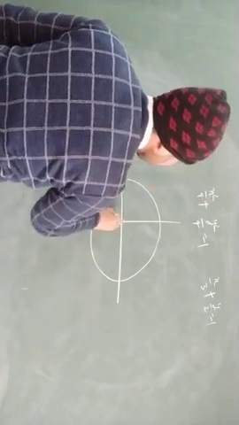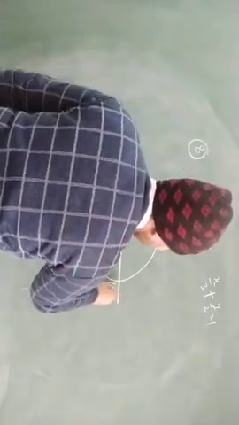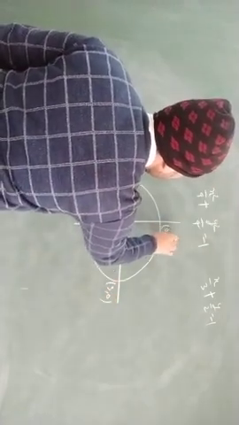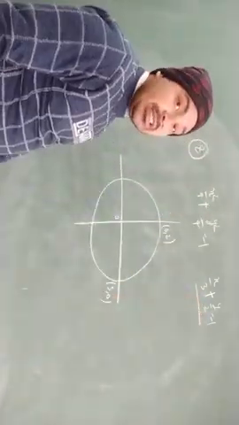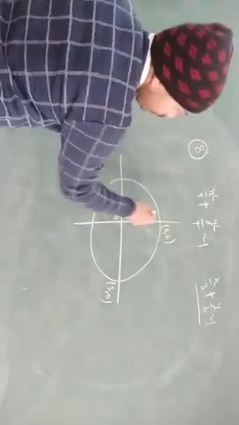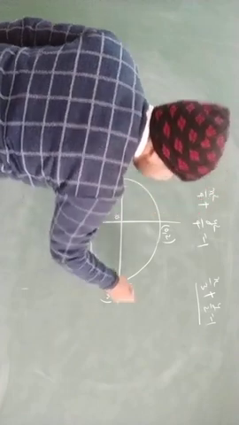This is the origin, the length of the semi-major axis is 3 and the semi-minor axis is 2. This is the standard equation of a straight line, x by a plus y by b equal to 1, so at the x-axis and y-axis we get these points.